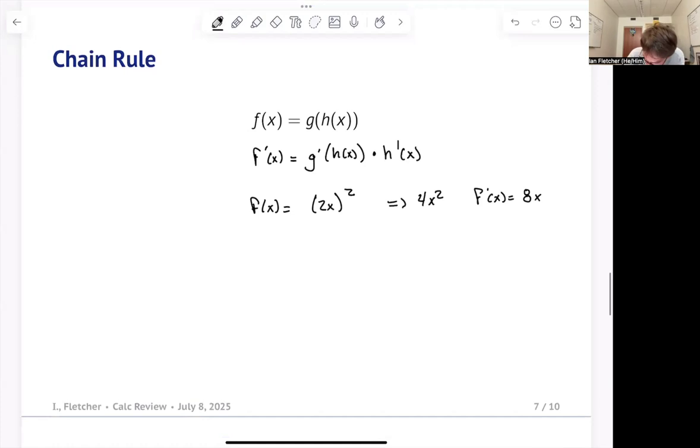We could use the chain rule and say that f prime of x should be the derivative of the outside times the derivative of the inside, which would be 4x times 2, or 8x.